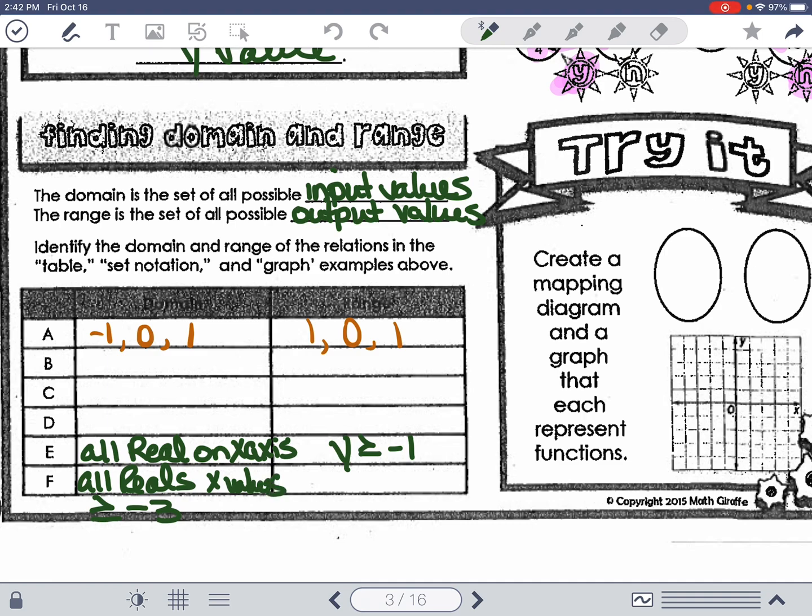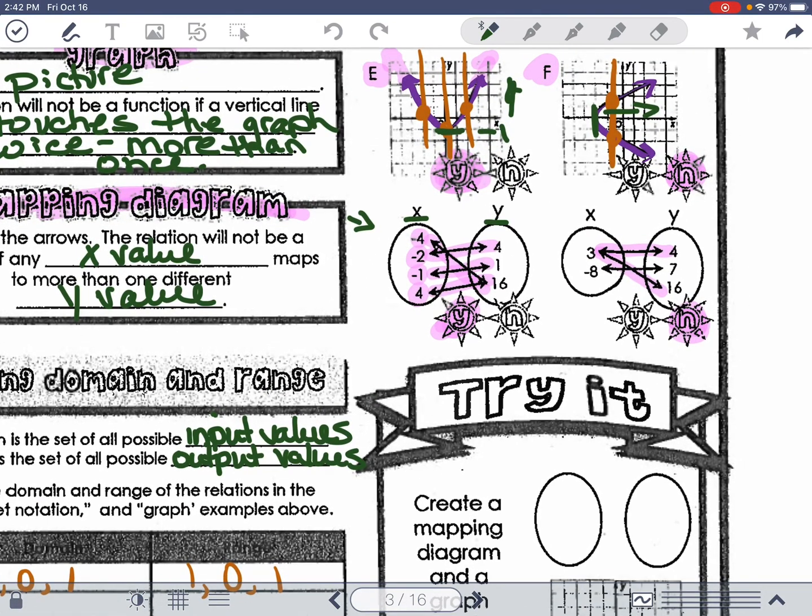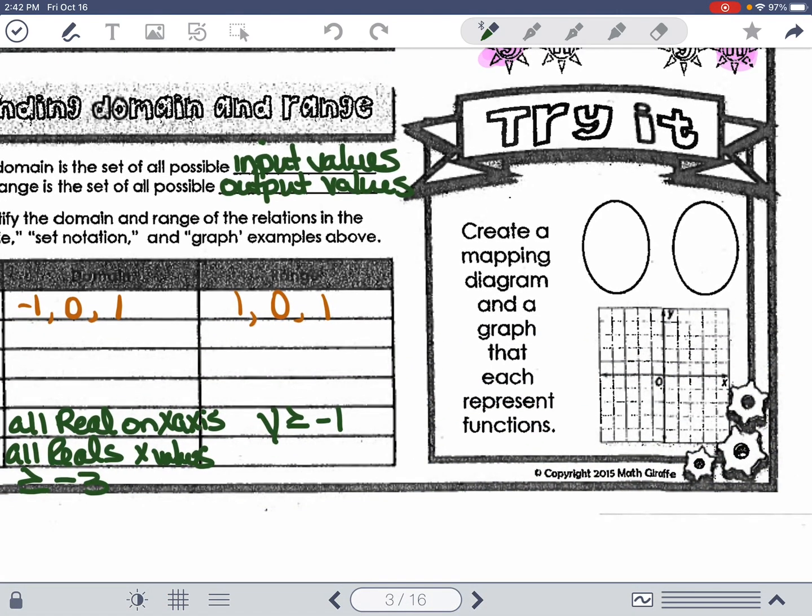And the y values keep expanding, so they include all real numbers. So the y values are all reals, all real numbers. Okay, and here's a little try it. You can create your own function by putting numbers in x and numbers in y and then graphing it, drawing the line or however you want it to look, wherever these end up.